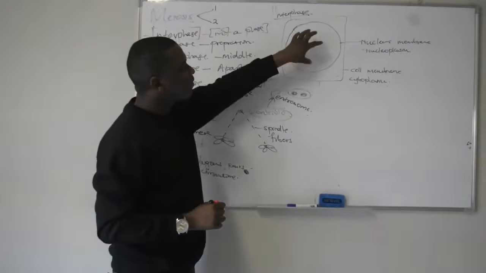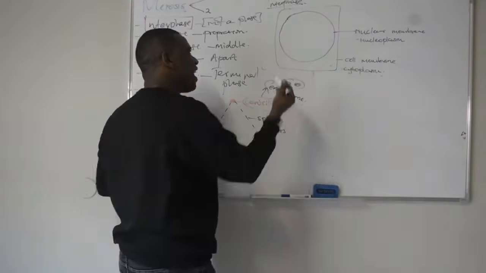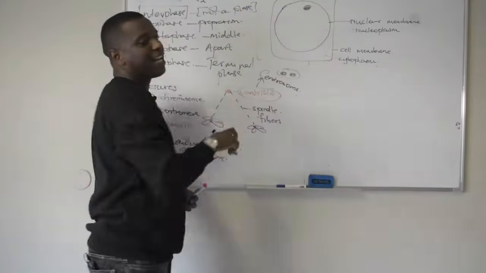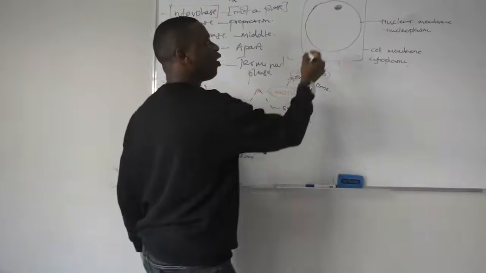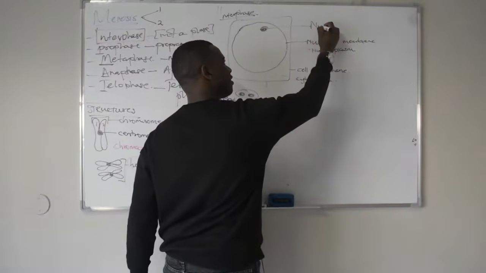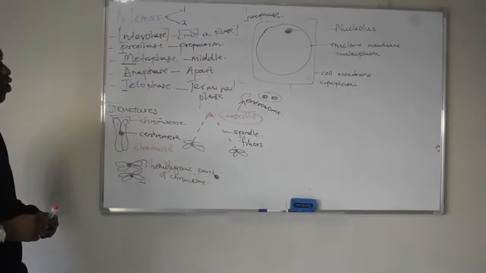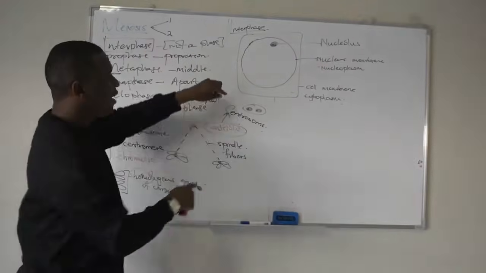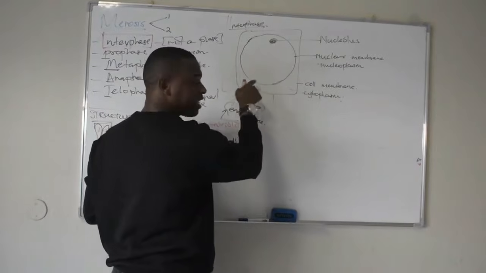And then we said this is the cell, this is the nucleus, and then we have the nucleus of the nucleus. The nucleus of the nucleus is called the nucleolus. The bigger one, the one I'm highlighting with red, is the nucleus.